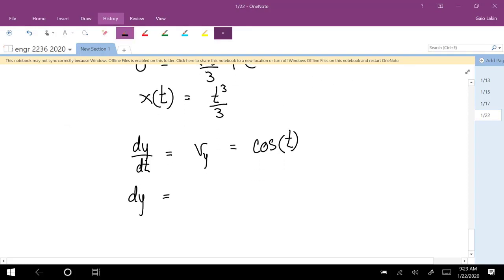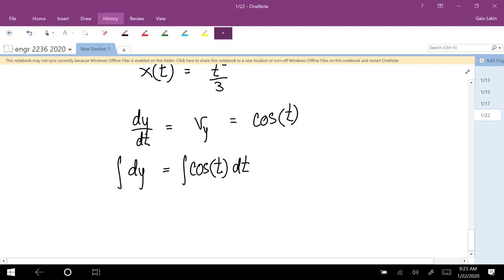So dy is equal to cosine of t dt. And you can integrate both of those. And you get that y is equal to sine of t plus some other c, I'll call it c2.